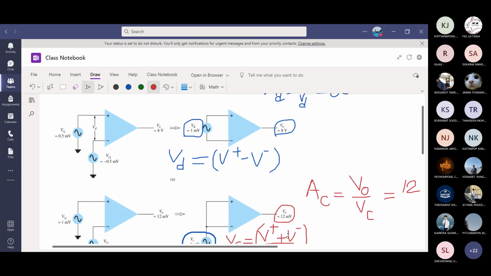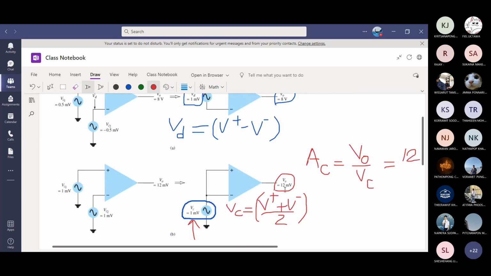No, you cannot change, because the output in the differential mode is not the same as the output in the common mode. Ideally, you should have 0 volt output in the common mode. This is theoretically 0 volt, but the amplifier still picks up some signal in the common mode, which is noise, and then it tries to amplify a little bit.